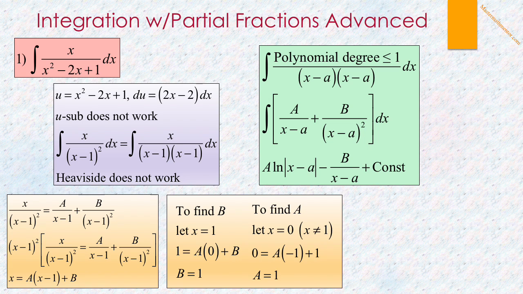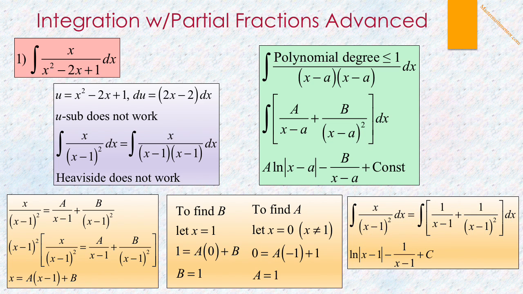To find A, we will let x be any number other than, in this case, 1, because we want to have an A in our expression. We'll let x equal 0. So we get 0 is equal to A times negative 1 plus 1, and therefore A is also equal to 1.